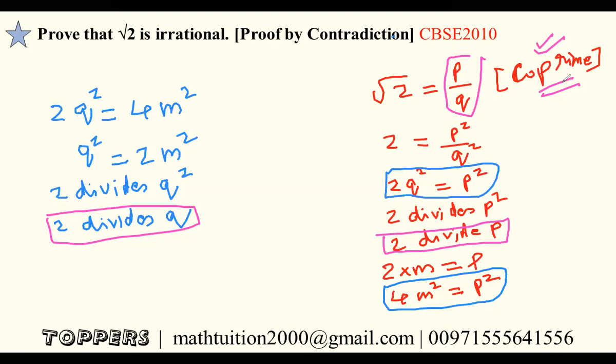Why has it happened? Because in the starting we have assumed that root 2 is rational. So root 2 is irrational. This is how we have to prove root 2 is irrational.